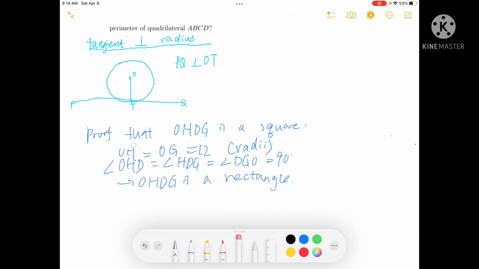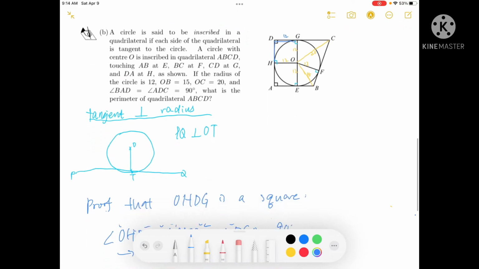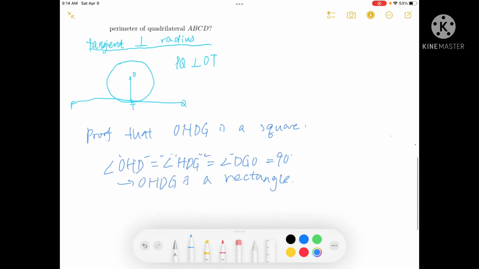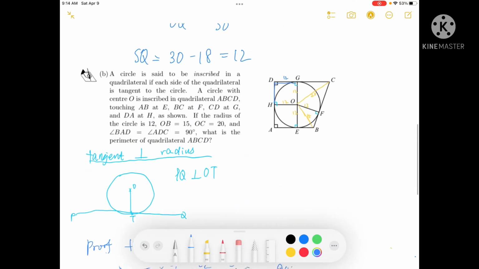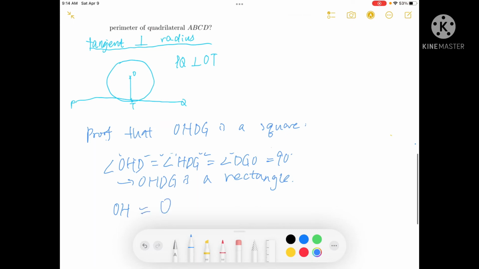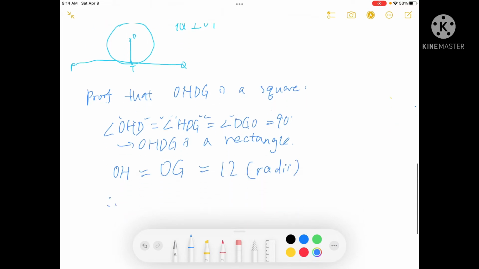Then because OH is equal to OG equal to 12, because they are the radii, we can prove that OHDG is a square.